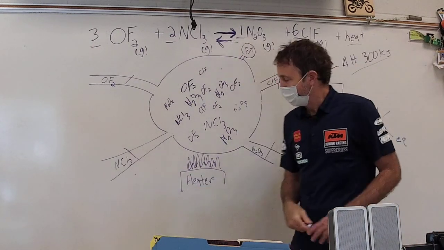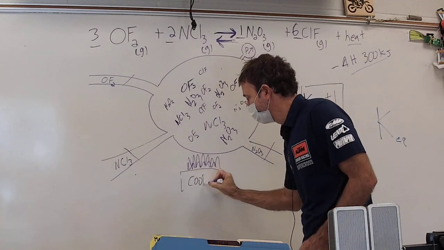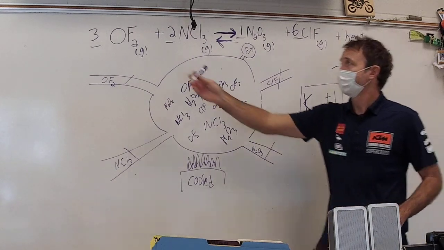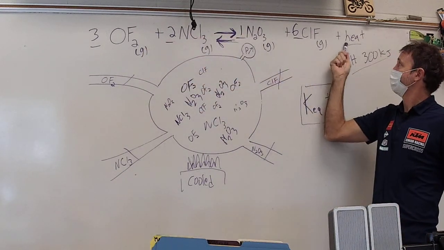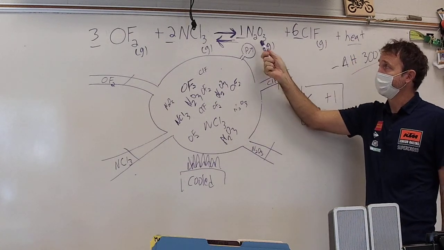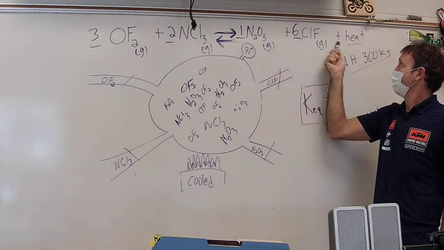What would happen if we cooled this off? Which way would it work better? It would work better to the right, because then it can give off its heat, right? It's producing dinitrogen trioxide, chlorine monofluoride, and heat.